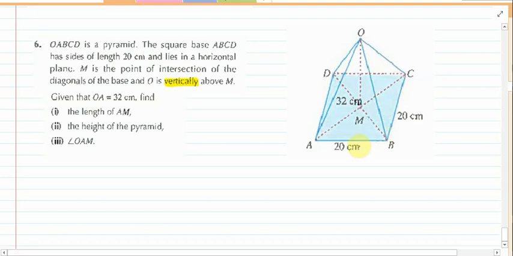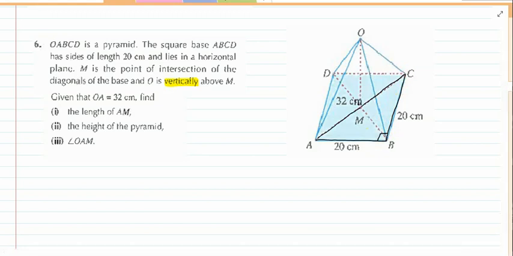Now for the first part, when I need to find the value of AM, I am going to consider the triangle ABC, right? Since it is a square base, the angle is 90. So this triangle you need to draw separately, individually, so that it will be easy for you to understand the question.